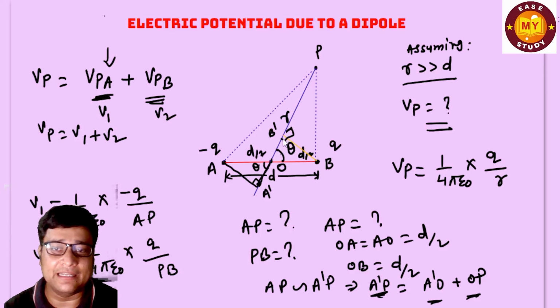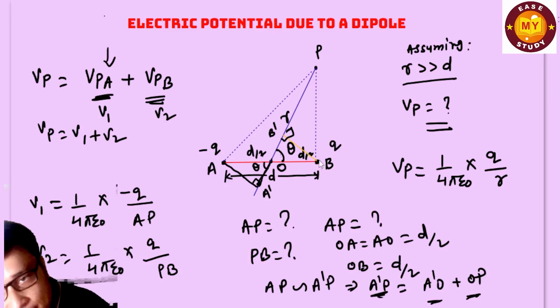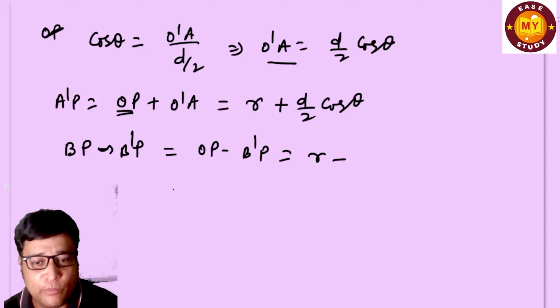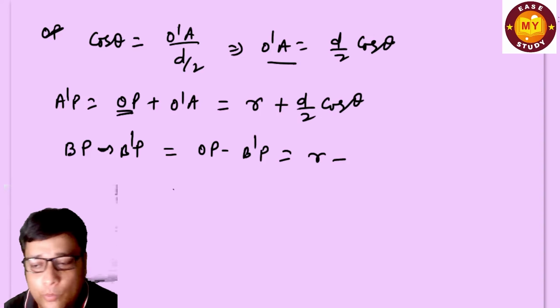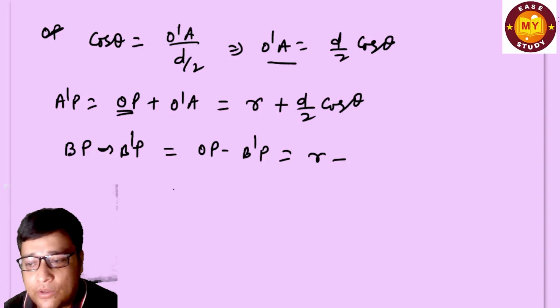This is 90 degree. So again, by using the trigonometric ratio here, you have to find the O dash, which will be again the D by 2 cos theta, and I will say this is the R minus D by 2 cos theta. If you have any confusion, you can write it to me. Simply, this is a simple geometry. You will understand R minus D by 2 cos theta.